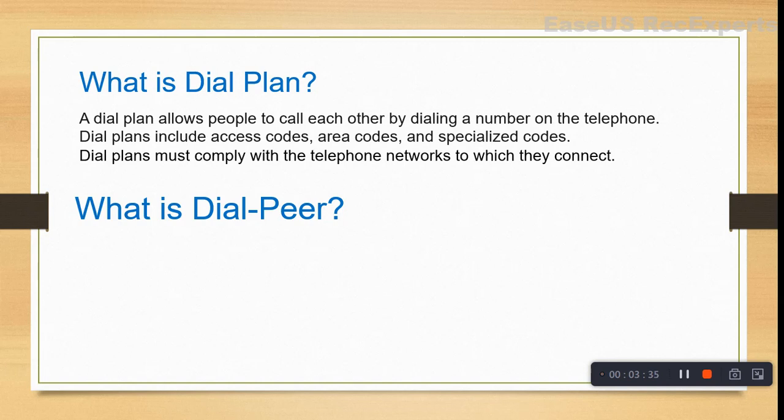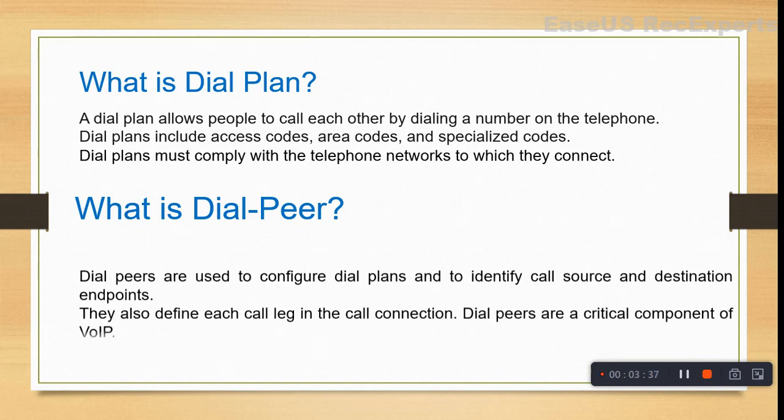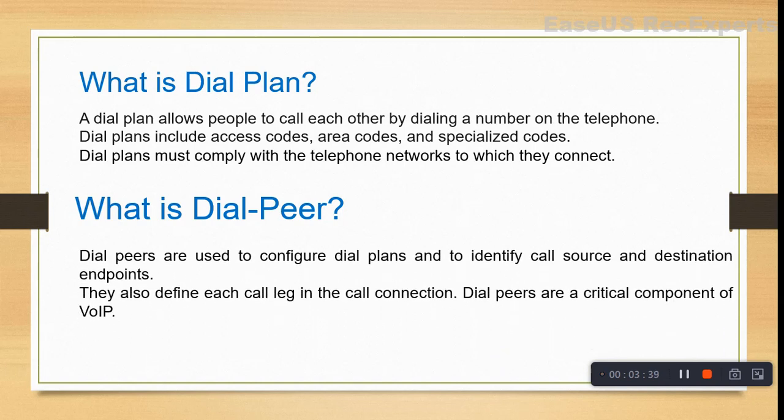So we'll be learning what a dial peer is and why dial peers are used. When I say dial peer, you can consider this as static routing, if you have gone through the basic CCNA course where we learn about static routing and dynamic routing. So dial peers can be considered as static routing in the VoIP world.